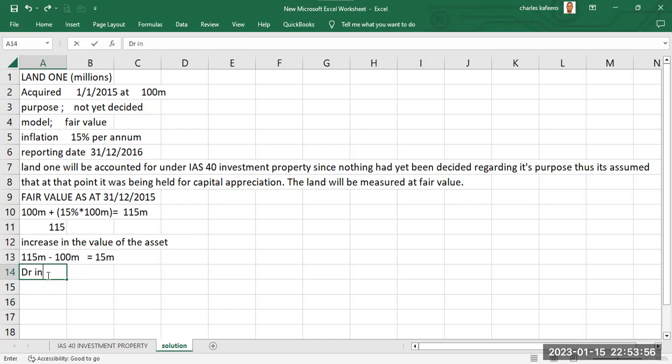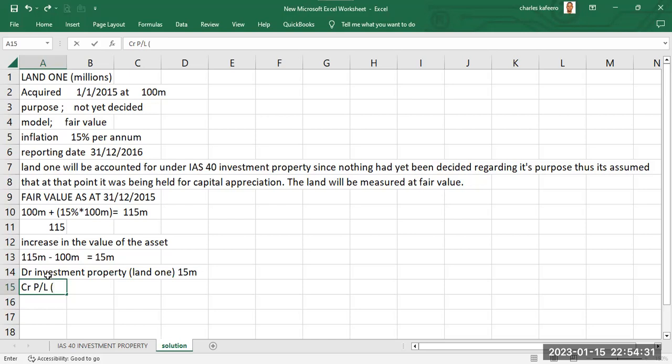Can just say investment property, which is the land 1, with 15 million, and we credit our profit or loss account.